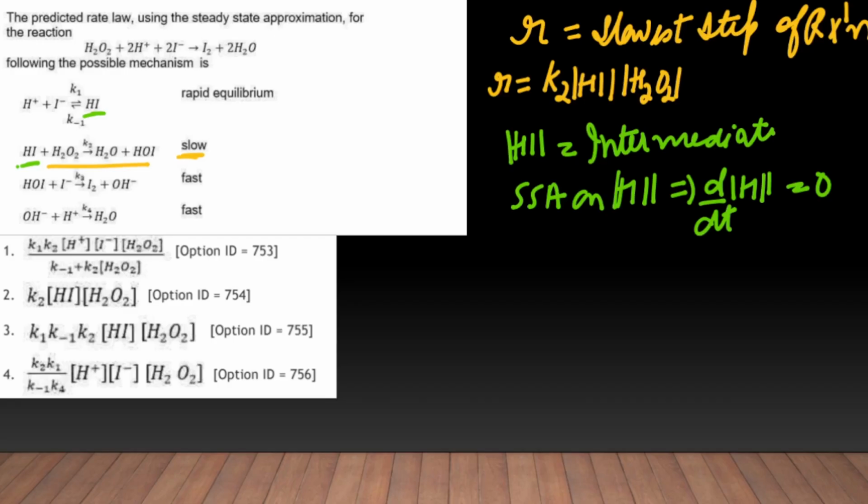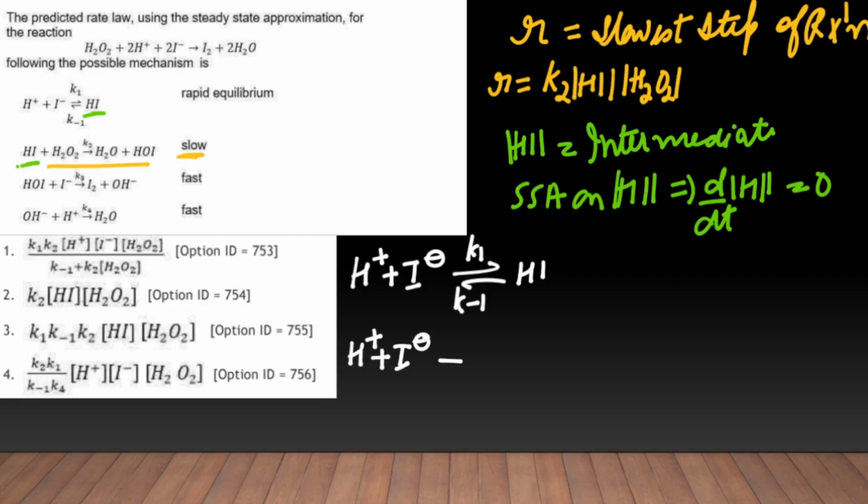From the given equations, H plus and I negative are in equilibrium with HI, with rate constants K1 and K inverse. You can write this as H plus and I negative giving HI with the rate constant K1. d by dt of HI, because it is being formed in this case, will be equal to K1 times H positive into I negative, right?